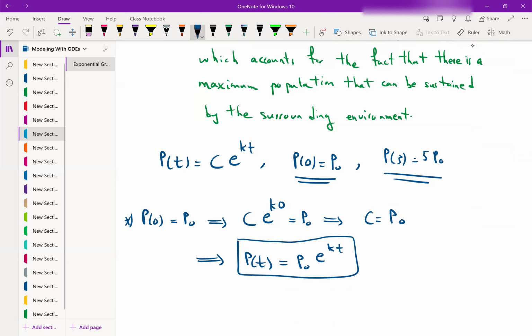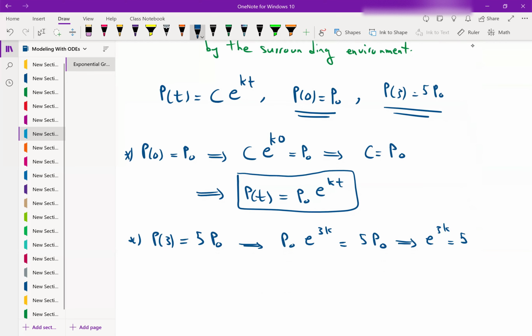Now let's figure out what K is using the second piece of information. We have P of 3 is equal to 5 P naught. Therefore, P naught e to the power of 3K is equal to 5 P naught. That means that e to the 3K is equal to 5. And how do I find K? We apply the natural log to both sides. And so ln of e to the 3k is equal to ln of 5.